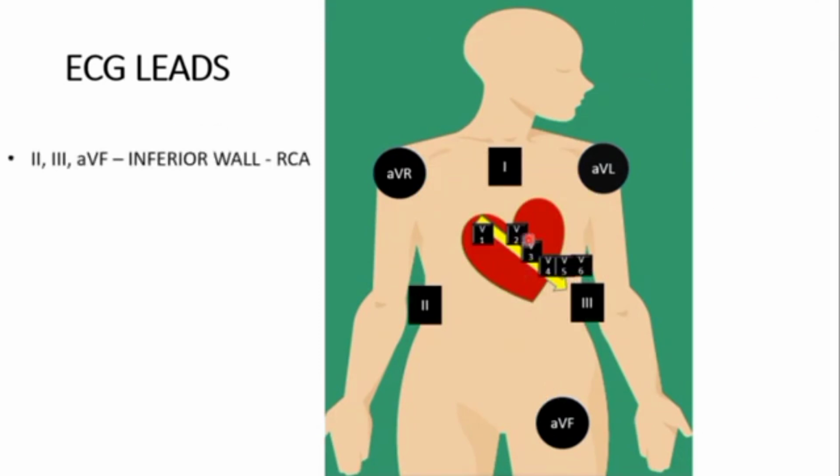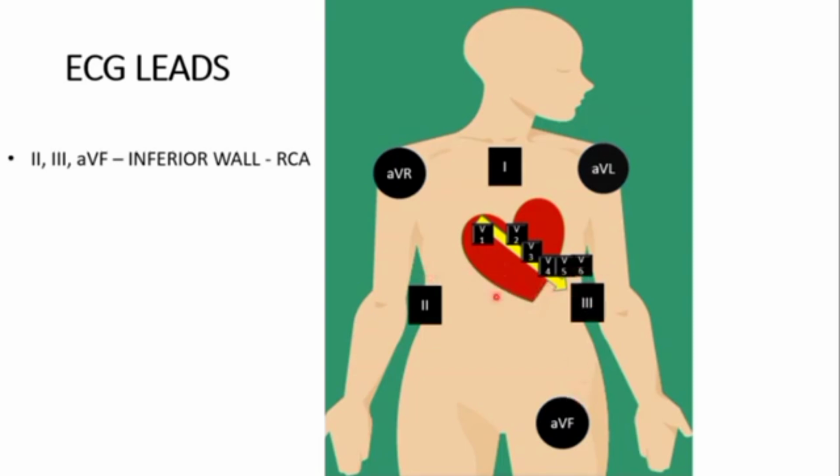Let's see what each lead does in the abnormal patterns of the ECG. If you see, lead 2, lead 3 and lead AVF are placed on the inferior side of the heart. So if there is any problem in the inferior wall of the heart, these leads will be abnormal.